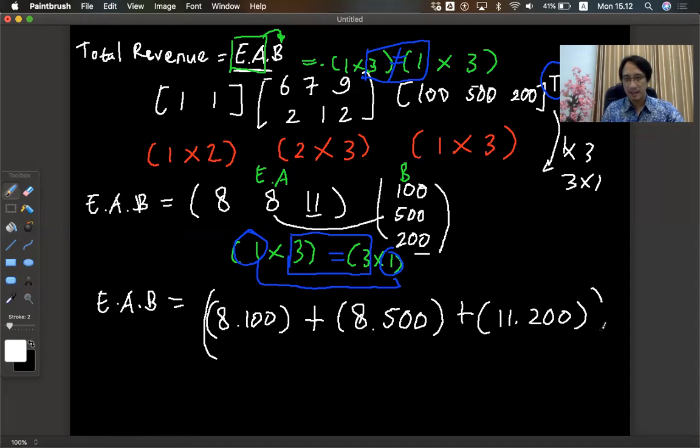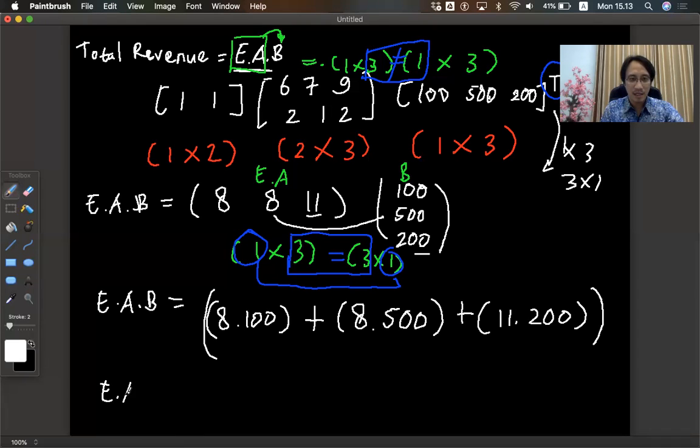This must be true because you see the pattern. It will result in 1 times 1 order of matrix.